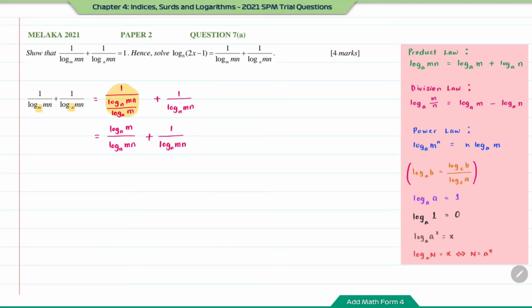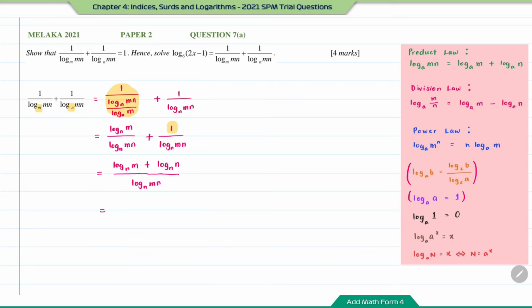Now, this is in the form of fractions. As these two fractions have the same denominator, I can just combine this as a single fraction. Therefore, it's going to be log base n of m plus this number 1. I'm going to write it as the log in base n using the law here. So it's going to be log base n of n over log base n of mn.